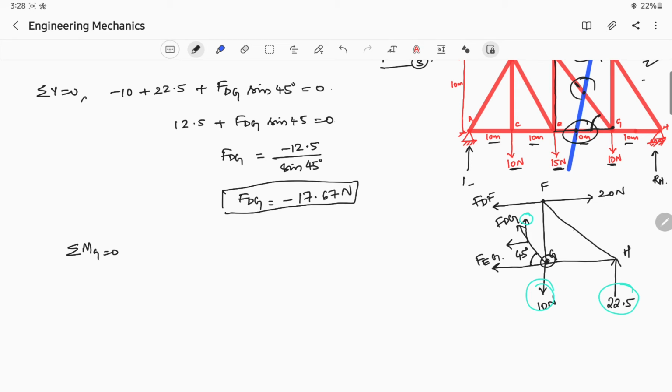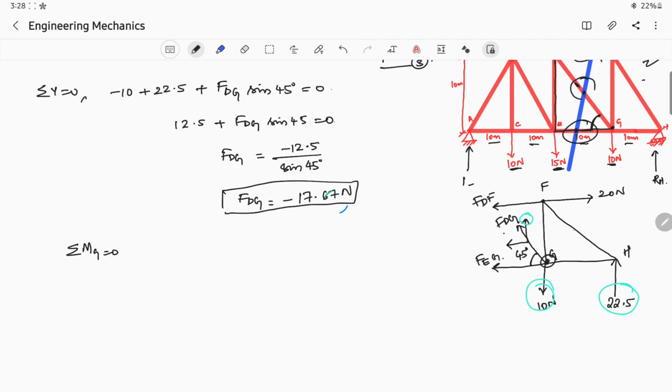So force in member EG and force in member DG will become 0, isn't it? Only force in member DF will be there, isn't it?